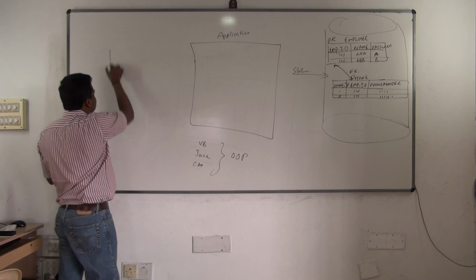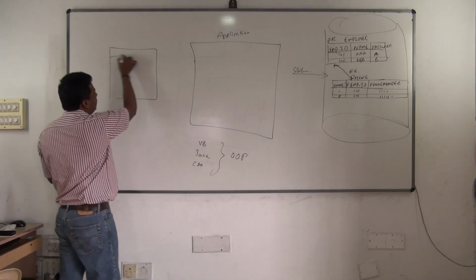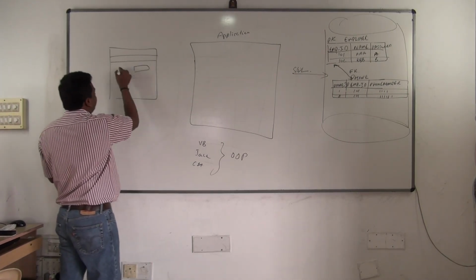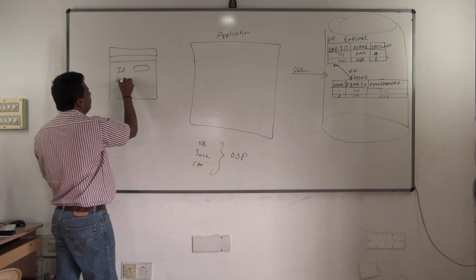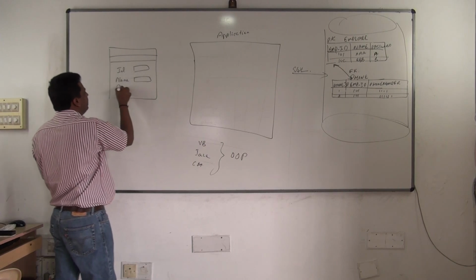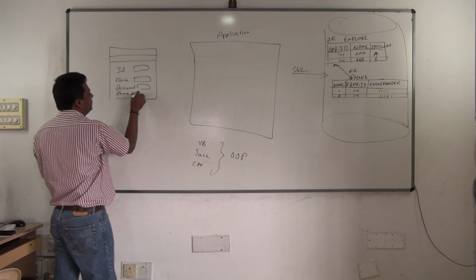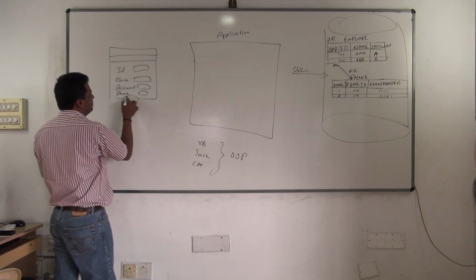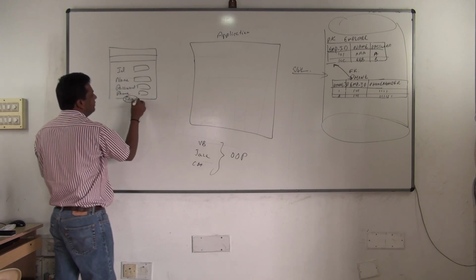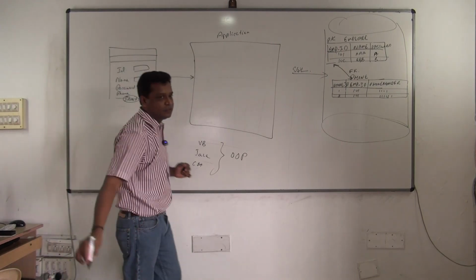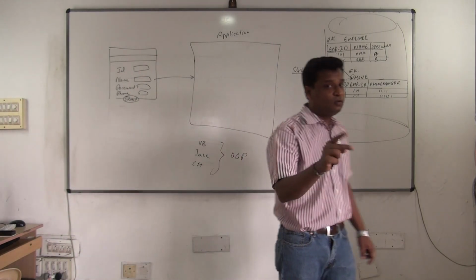So generally what happens, you know your UI now. What is the UI? You will ask the user to enter an ID, a name, a password, and a phone number, and he will submit the values. Once he submits the values, you have two options.